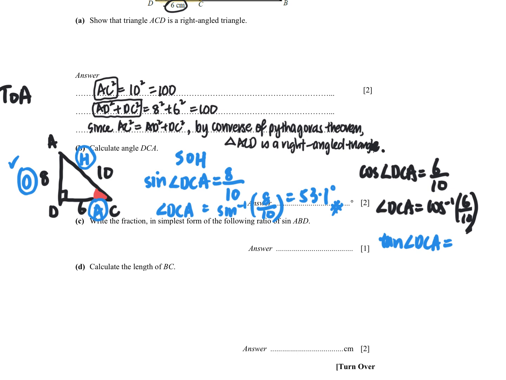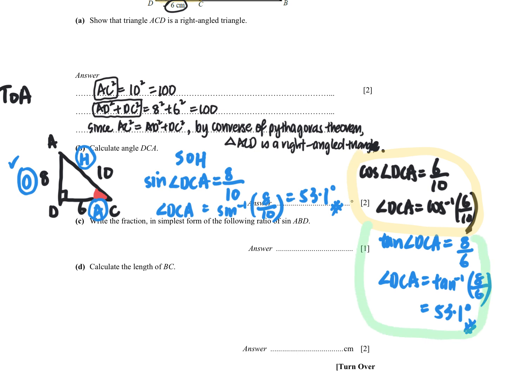So you just have to use 8/6, then do an inverse. Don't need to copy all, I'm just showing you any one you use is correct. You will all get 53.1. Okay, so I leave it to you which one you use, but all three are the same.